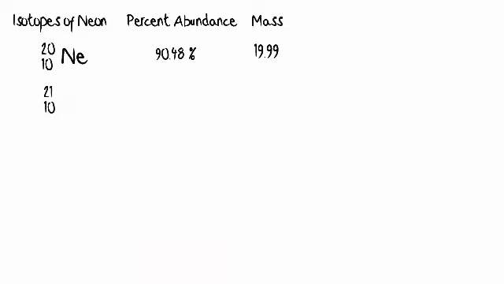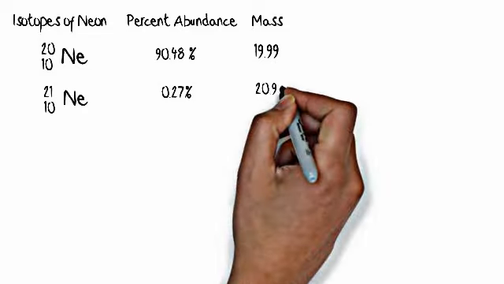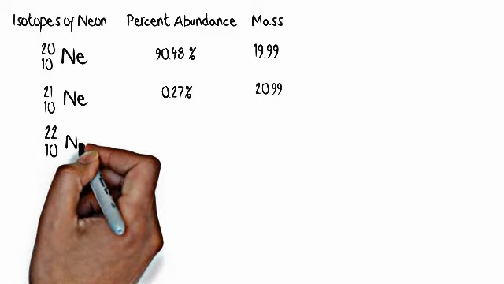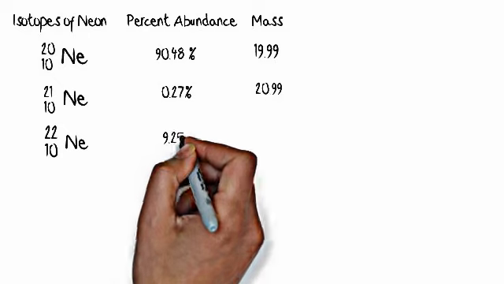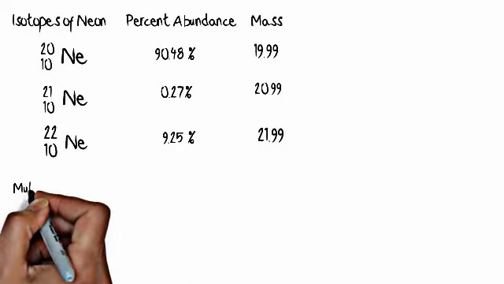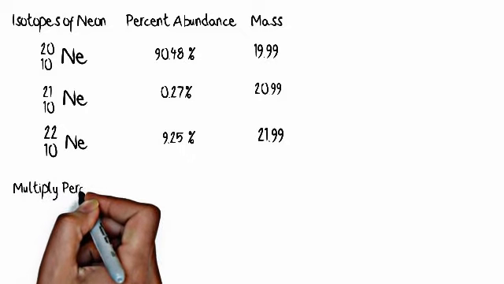Neon 21 is 0.27% of all the neon atoms out there. They have a mass of 20.99. You have neon 22, which makes up 9.25% of all the isotopes of neon. Their mass is 21.99.